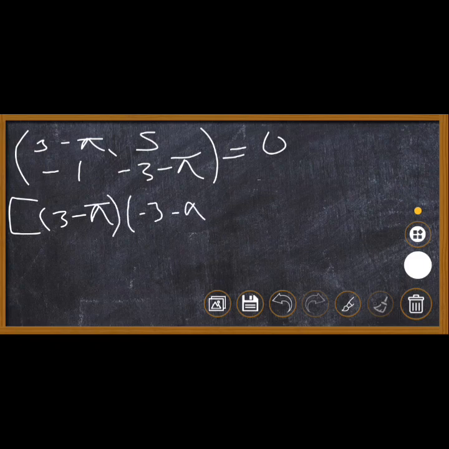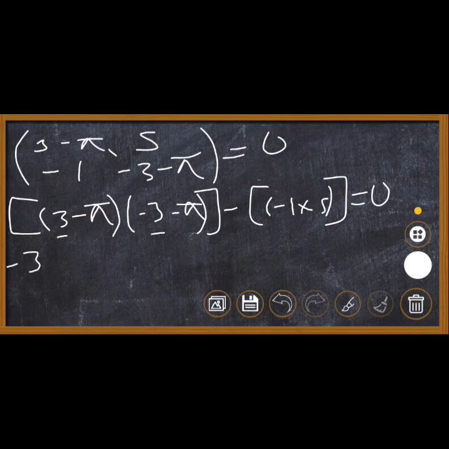So we have looked at this already. So by now I'm sure you are able to manipulate this on your own. So we have -1 multiplied by 5 equals to what? Equal to 0. So we have 3 multiplied by -3, that is -9. And then 3 multiplied by -pi, that is -3 pi. And then -pi multiplied by -3, that is +3 pi.